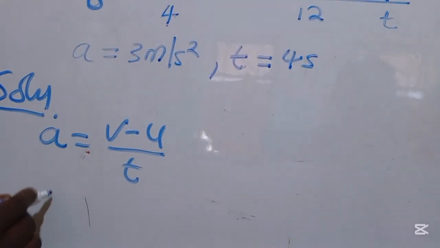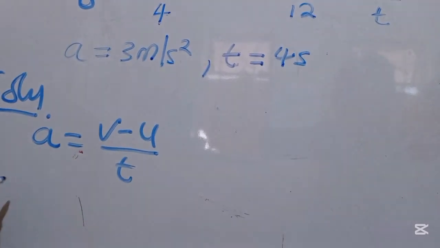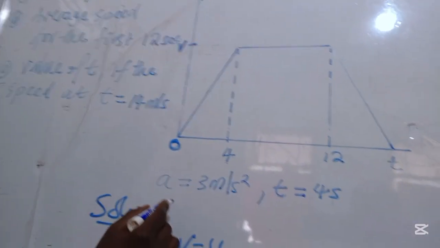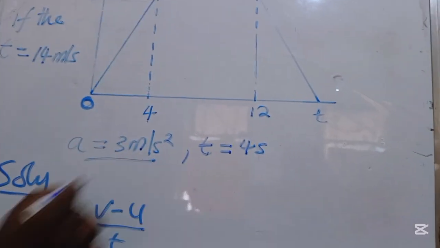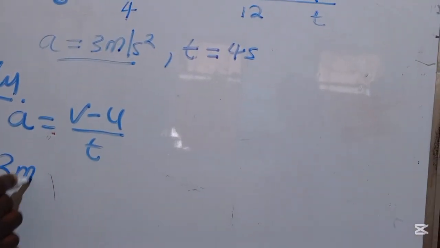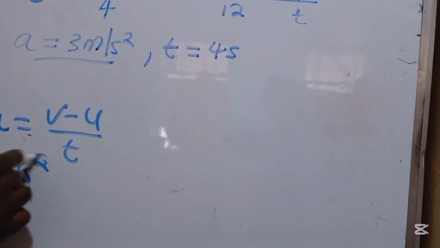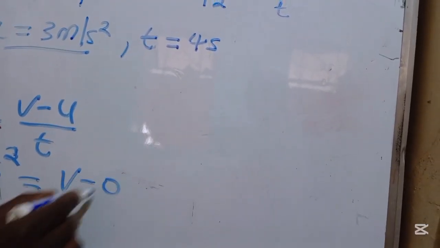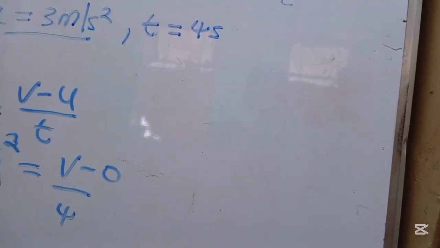And you are going to agree with me that my acceleration, they have given me already. They said this car accelerated at 3 meters per second squared. So I'll write 3 meters per second squared equals v minus 0 over time in 4 seconds.